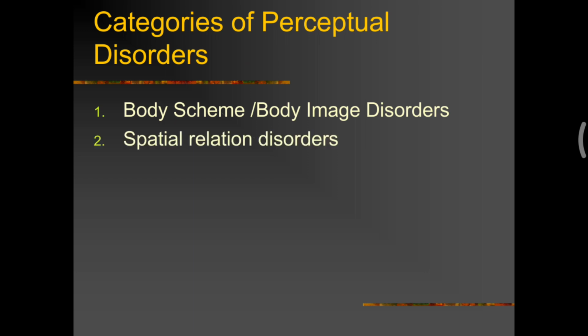The second group of disorders are called spatial relation disorders. Now, what's a spatial relation? When you look at a table or anything in front of you, you know that there are multiple objects in front of you.